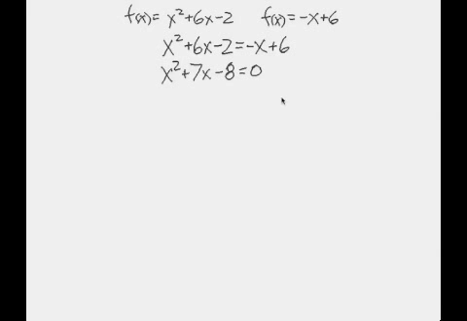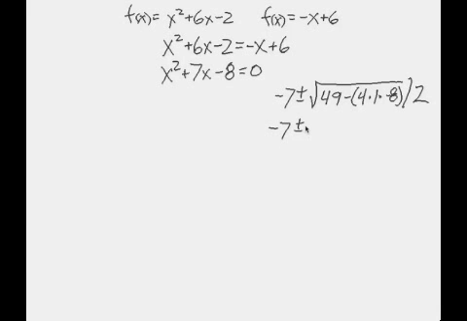So into our quadratic formula, negative 7 plus or minus square root 7 squared, which is 49, minus 4 times 1 times negative 8, all of this divided by 2. So that gives us negative 7 plus or minus square root. 4 times 1 times negative 8 is negative 32. 49 minus negative 32 is 49 plus 32, which is 81.